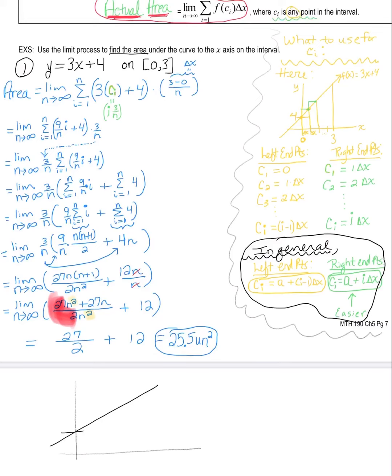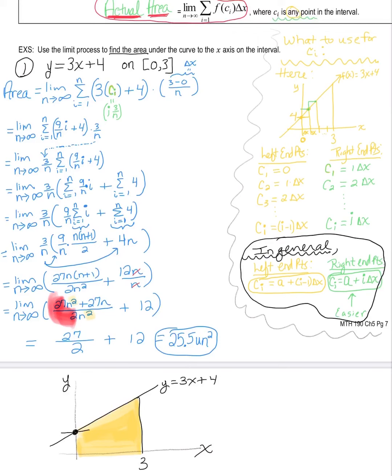So we know that the y-intercept was right here at 4. And then we were on the interval from 0 to 3. The area that I am looking for is the area under this curve. So here's the area that we've just determined is 25 and a half.